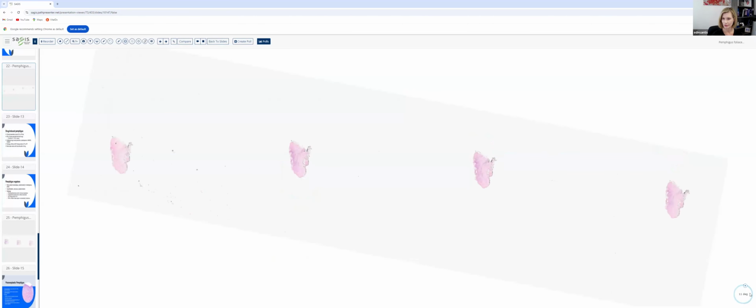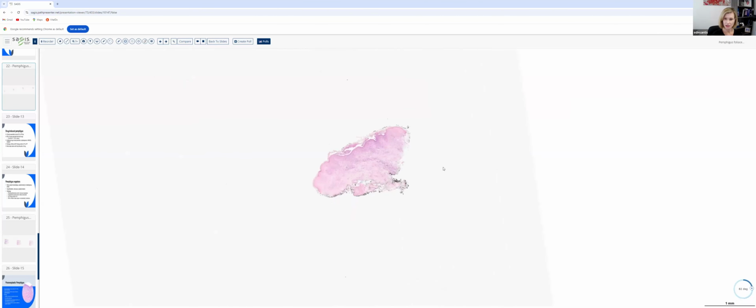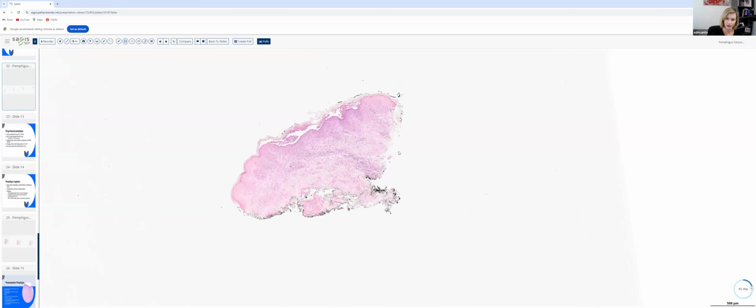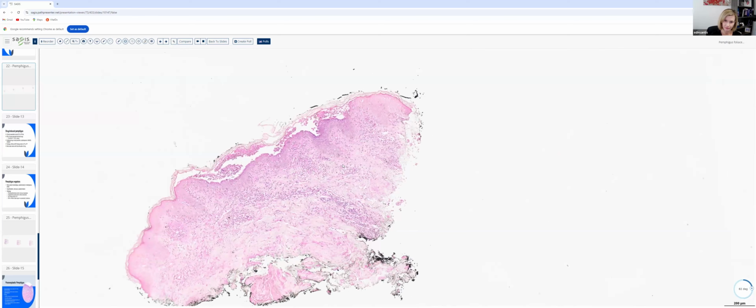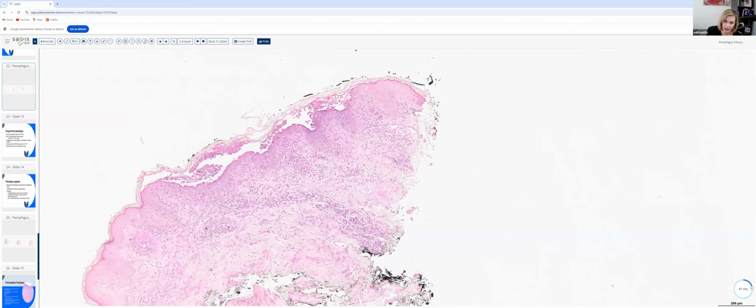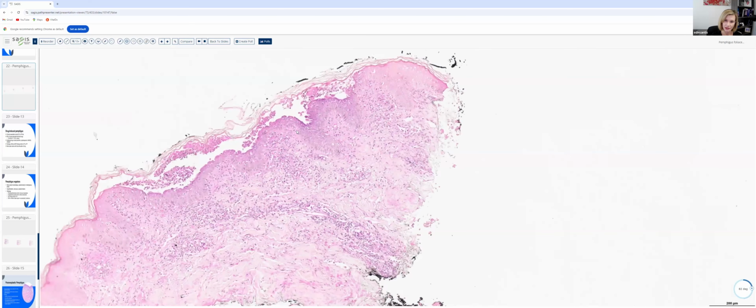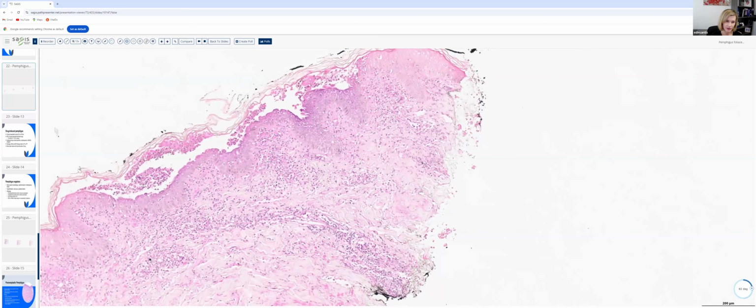And here is an example of a punch biopsy. And as we zoom in, we see intact stratum corneum with this subcorneal split. We see a few acantholytic cells, these discohesive cells within the vesicle, and some inflammatory cells, which include neutrophils and some eosinophils.